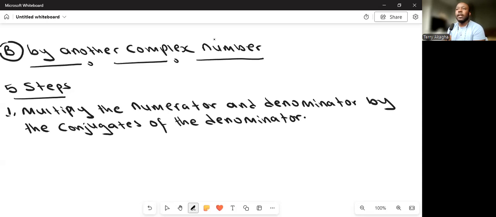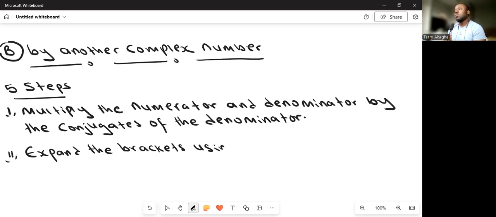Then after you've done that, the next thing is you expand the bracket using the multiplication rule.